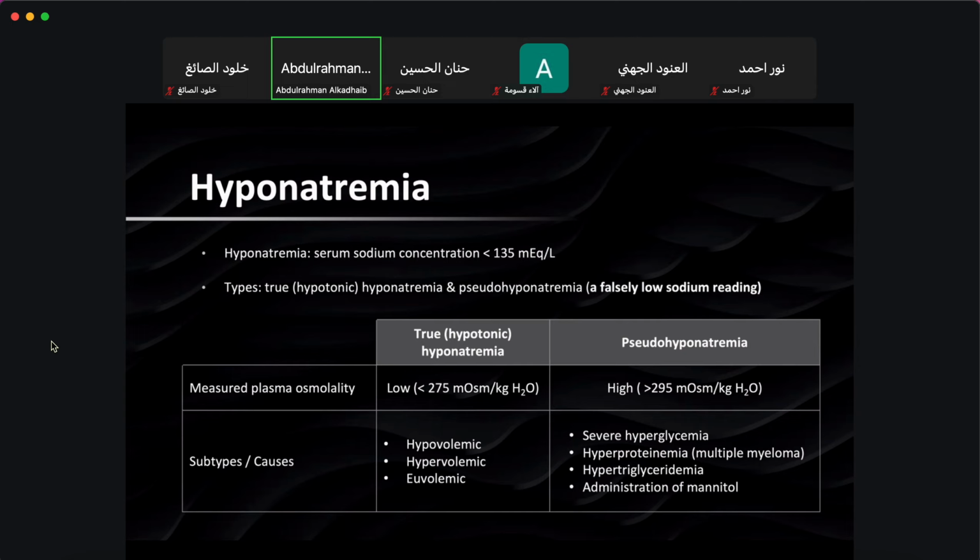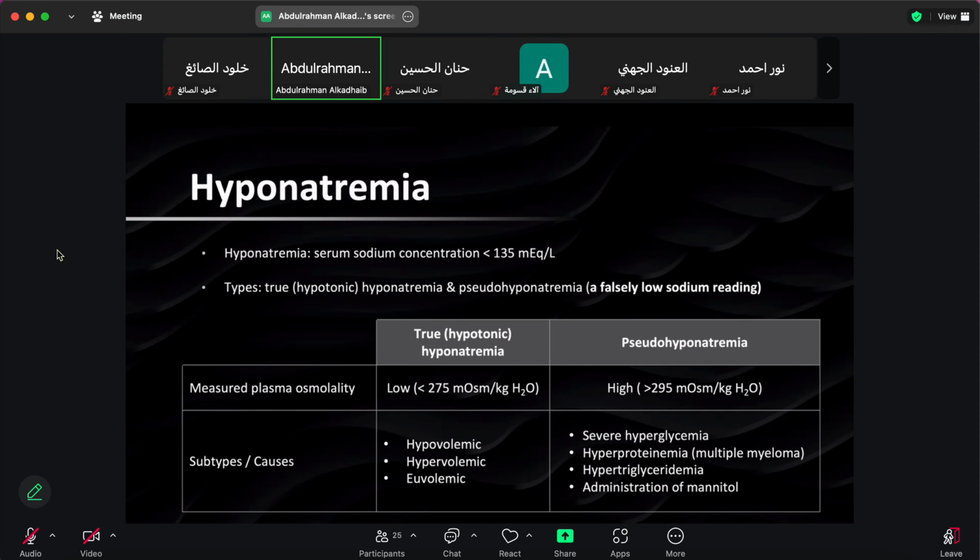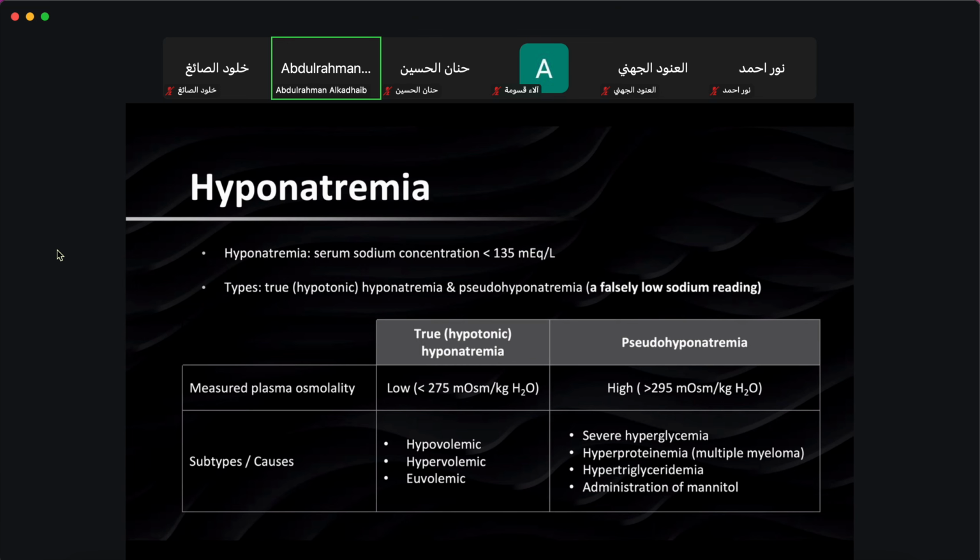The causes of pseudo-hyponatremia may include severe hyperglycemia, higher protein levels, such as in cases of multiple myeloma, and high triglyceride level, such as in cases of pancreatitis. And usually there are some equations that we can use to calculate the adjusted sodium level in those kinds of cases. You don't need to know them. Just keep in mind that we have some equations that we may use to correct the sodium level.